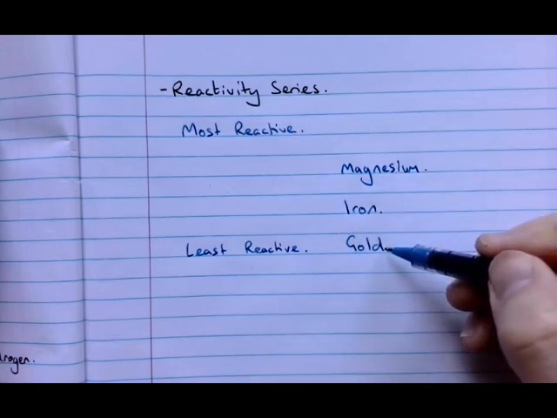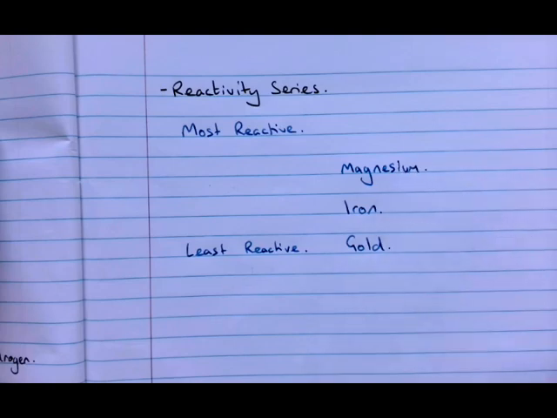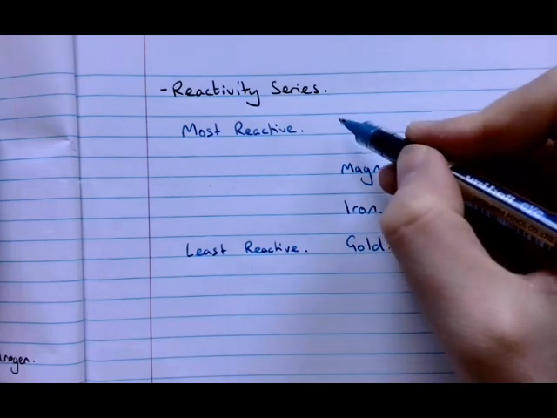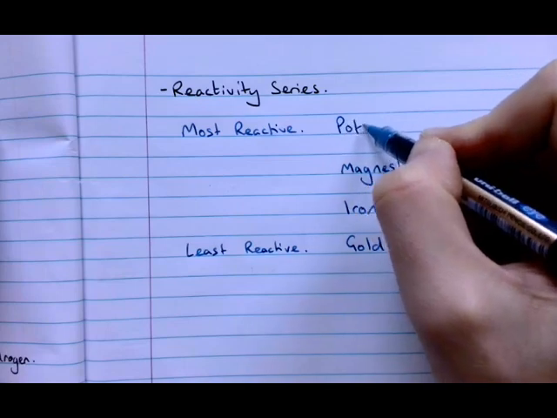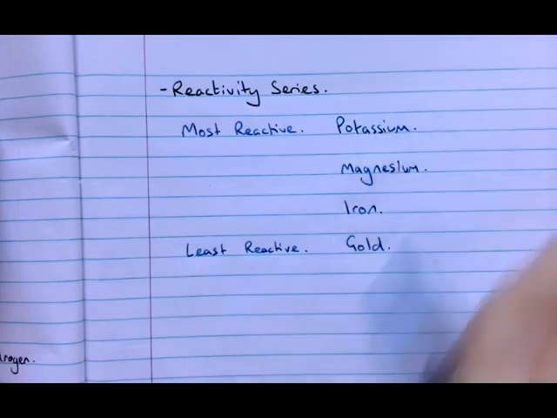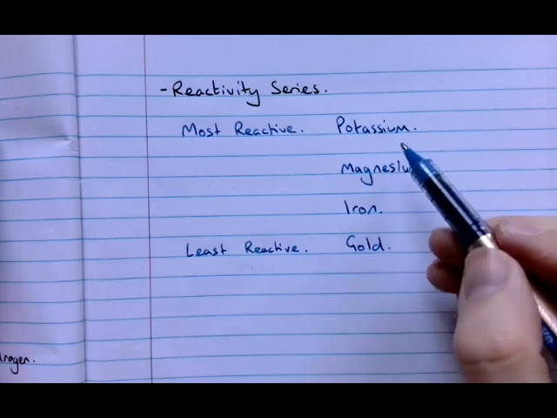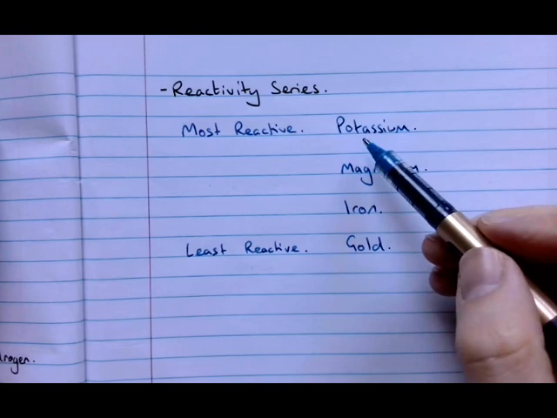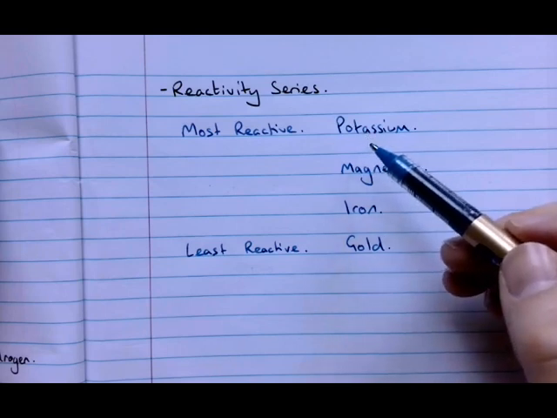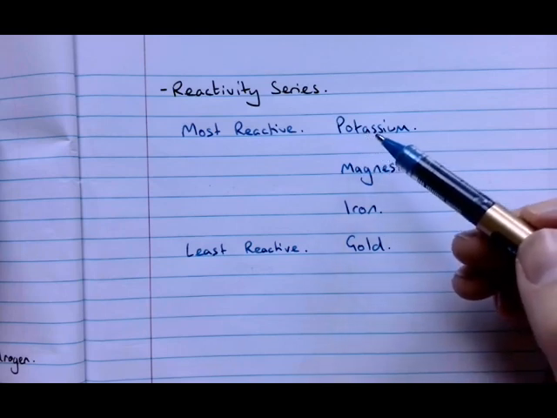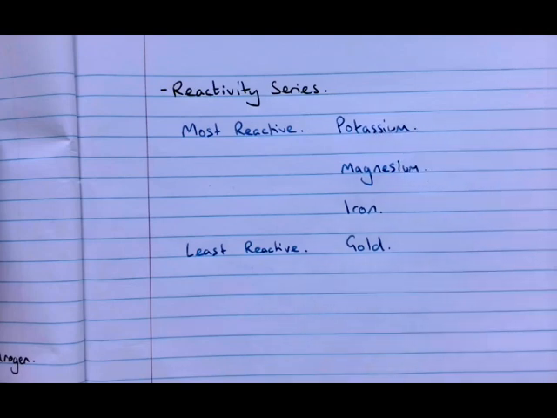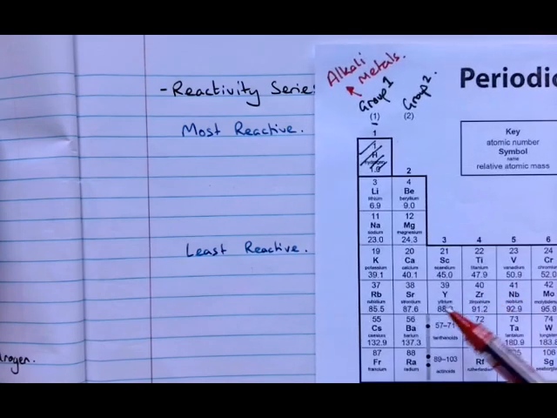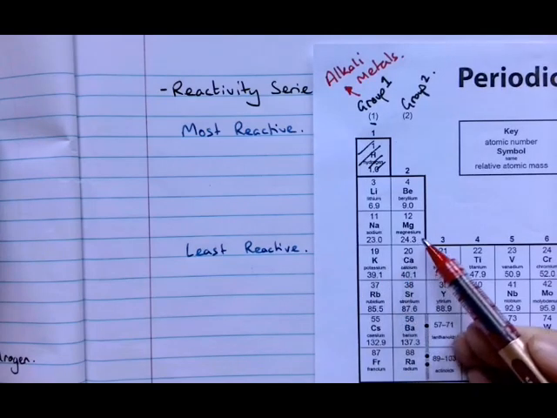Remember, gold won't burn in air, whereas magnesium will burn in air. And the most reactive ones up here, you're going to have things like potassium. If you put your gold jewelry in water, nothing will happen. If your jewelry was made of potassium, the moisture in your skin would react with the metal, and it would give you a burn. Okay, so if you're very observant, you'll notice that potassium is in group 1 and magnesium is in group 2.